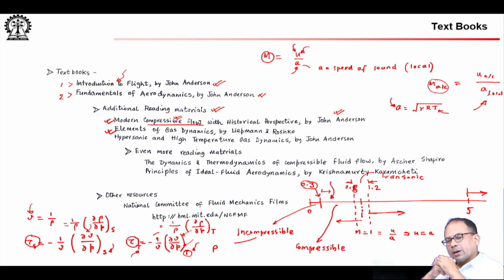Now, what happens is the coefficient of viscosity by itself does not enter the picture unless there is a suitable velocity gradient. So, you need both a viscous fluid and a velocity gradient for viscosity to manifest. If either your viscosity is 0 or your velocity gradient is 0, you can consider the flow field to be inviscid.